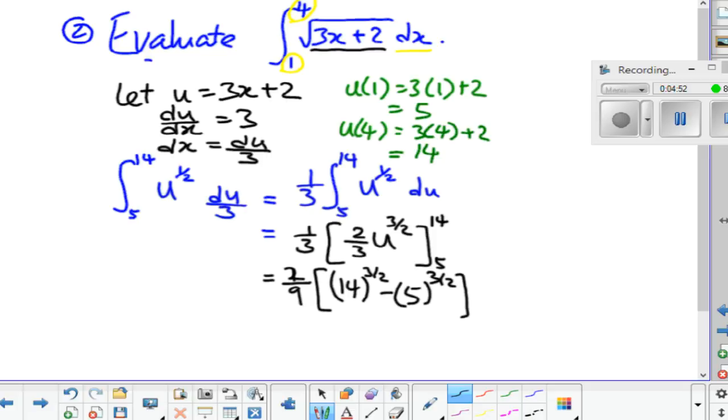And now, without any calculator, this will be my final answer. If you have a calculator, then you can find that this is roughly equal to 9.163 to 4 significant figures. So without a calculator, this will be the answer for paper 1.